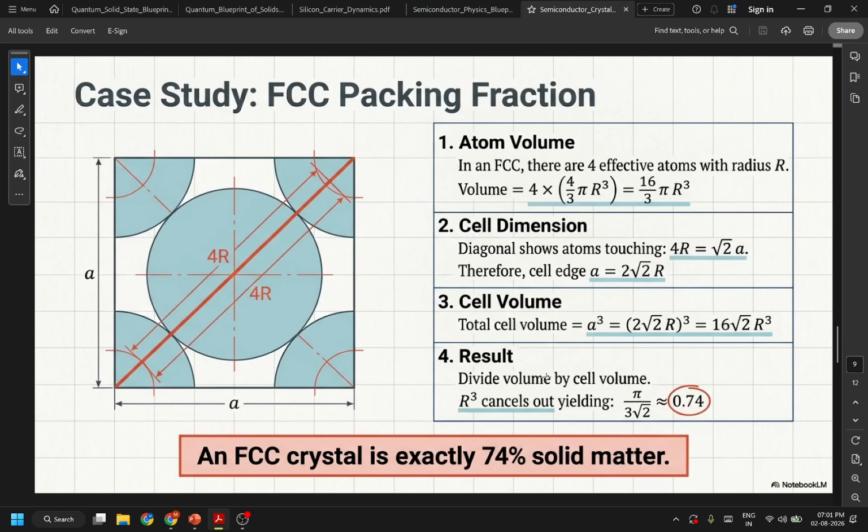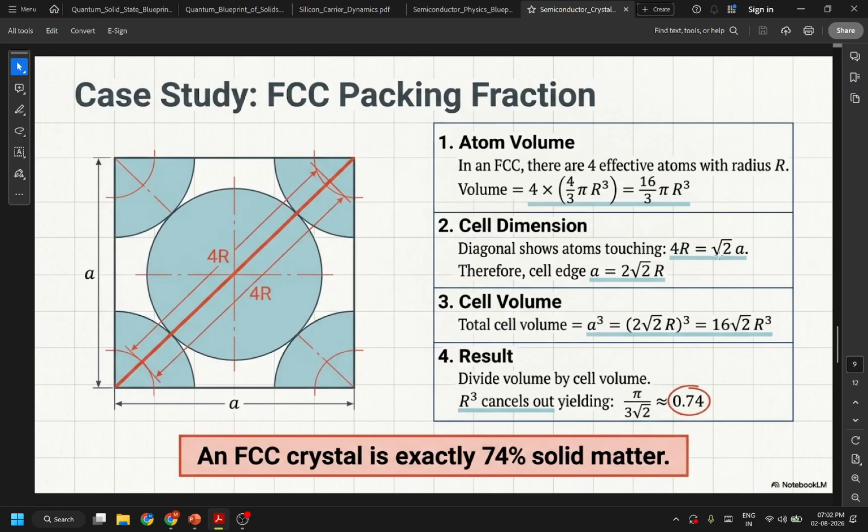So you can see a case study here of FCC. In FCC, we have four effective atoms with radius r. So the atomic volume will be 4 into 4/3 pi r cubed, that is 16/3 pi r cubed. If you take the cell dimension, the diagonal atoms are touching.